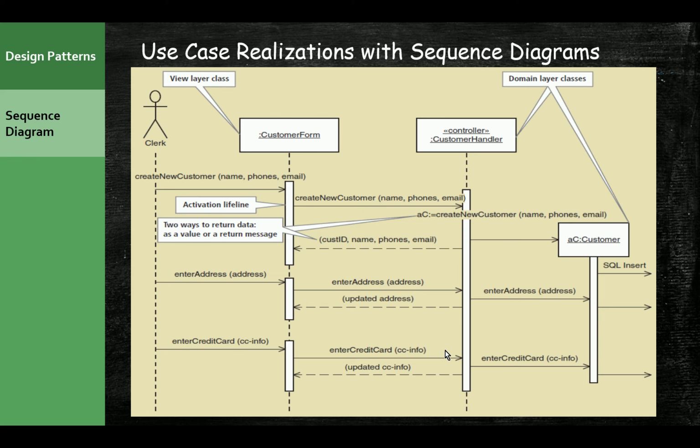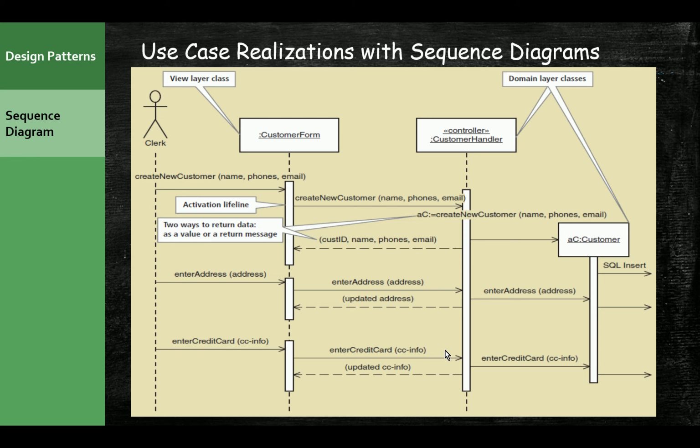We start with that and decompose it into a couple of different classes. So my clerk is essentially using the customer form object. They create a new customer. Once the customer form handles that request, it calls the controller class, the customer handler, the controller stereotype. Notice that it's calling create new customer and getting back an object.